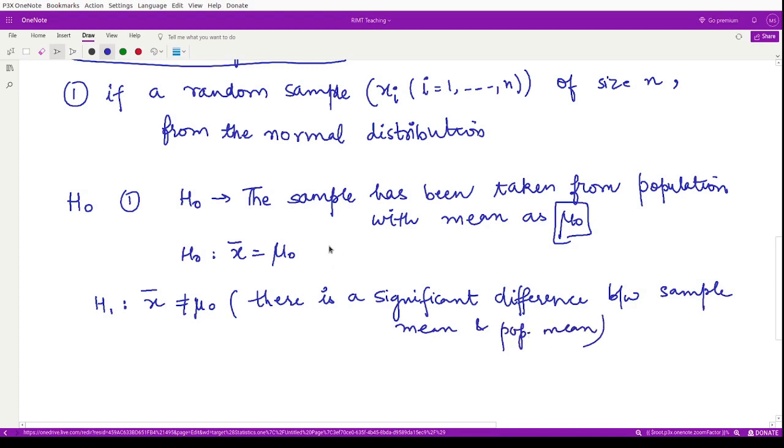And in the null hypothesis, we would say there is no significant difference, right? So this is what we do.